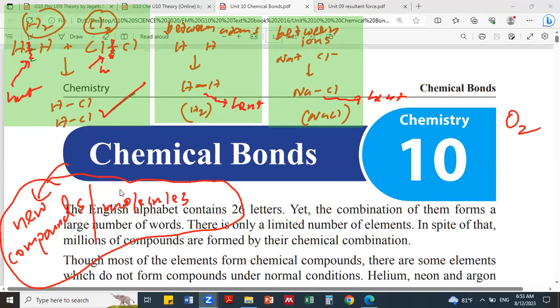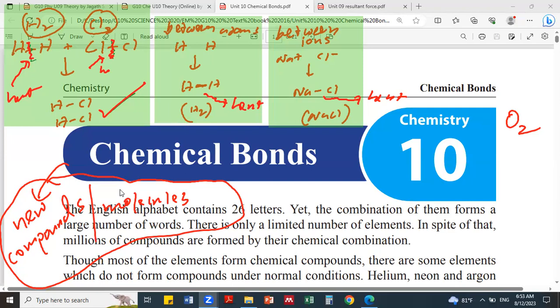But on the other hand, there are some atoms in the periodic table that don't form bonds, for example the noble gases. You did this well in the third lesson: helium, neon, argon. They are already satisfied and don't easily form chemical bonds. The group 8 elements, we call them noble gases.